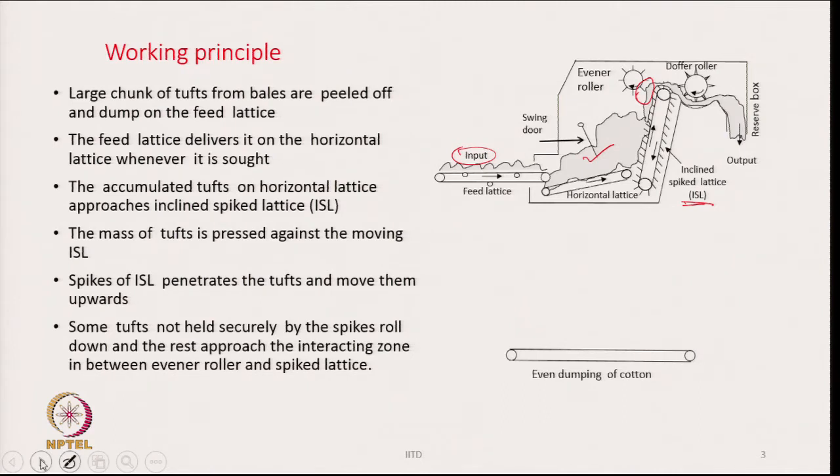Now, as soon as the tufts are brought here, the Evener roller's strikers are also acting. The Evener roller, if you look at it, is revolving in the opposite direction. That means at the interacting zone, the spikes are moving in one direction and the striking elements of the Evener roller are moving in the opposite direction, and the gap between them is quite narrow.